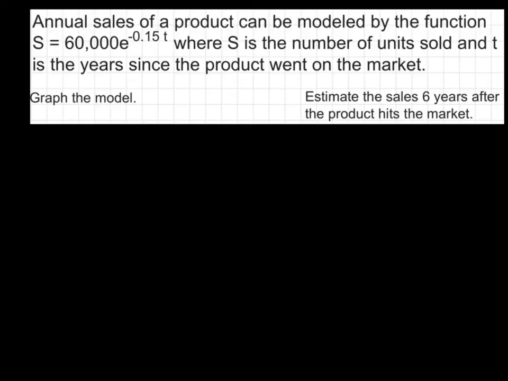Now let's look at two application problems using e. Annual sales of a product can be modeled by the function capital S equals 60,000 e to the negative 0.15t, where S is the number of units sold and t is the years since the product went on market. So I want to create a graph. It says graph the model, where S is the units sold, and t, which is going to be my x, is the years.